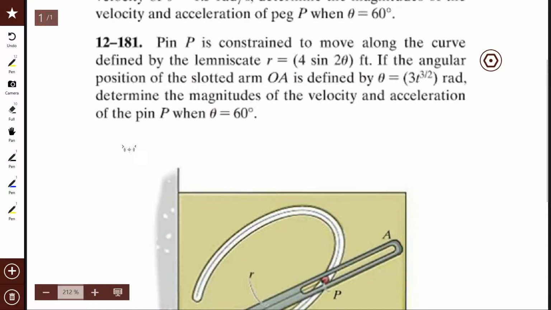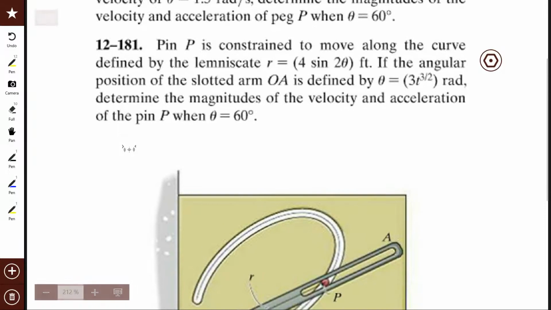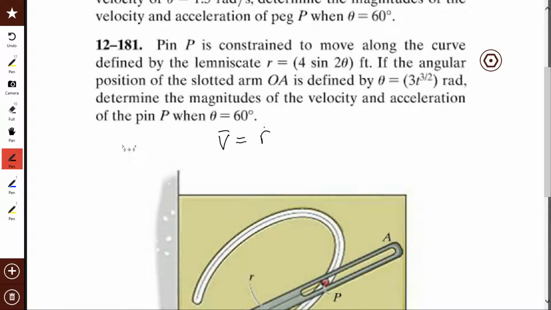And so I'm going to work on velocity first, because velocity is by far the easier one. So I'm going to write down the equations. Velocity is equal to r dot in the radial direction plus r theta dot in the theta direction, or the transverse direction, I believe is what the book calls it.